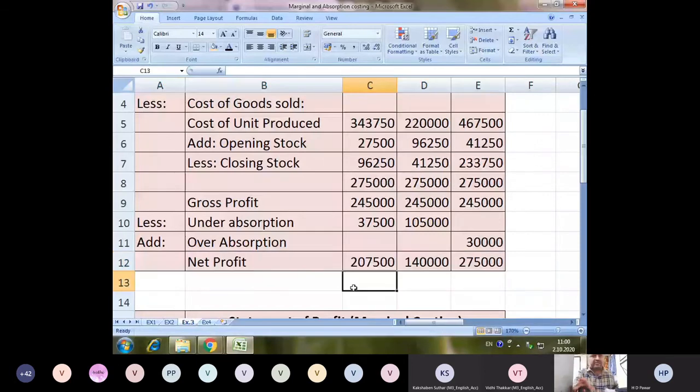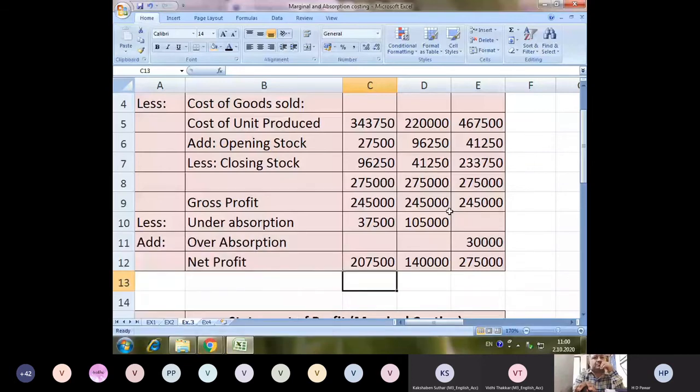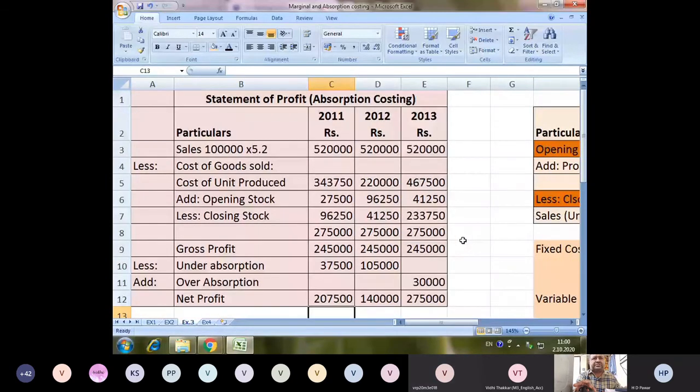Now tell me, do you have any confusion up to this? Hope you got it, everybody. No, sir, clear. So this is the statement of profit as per absorption costing.